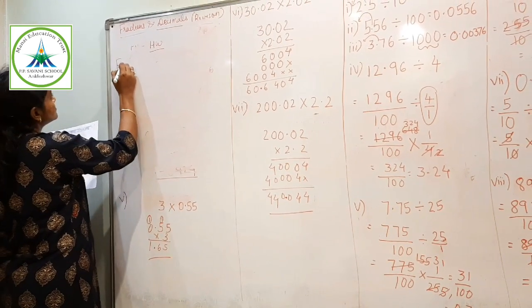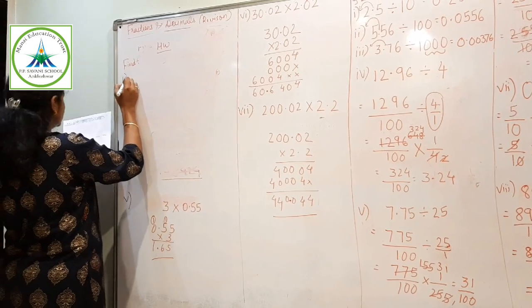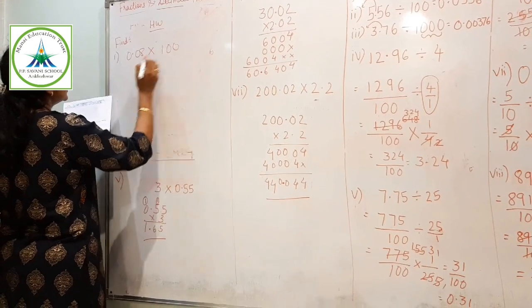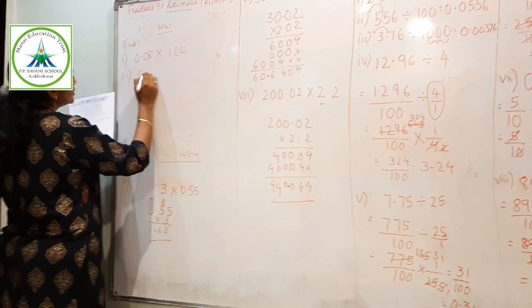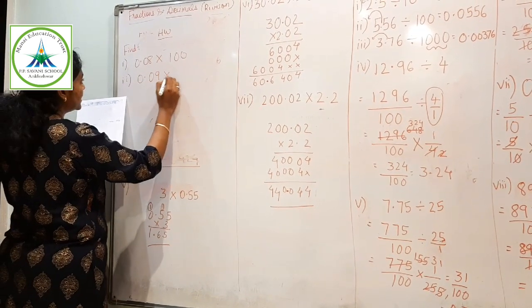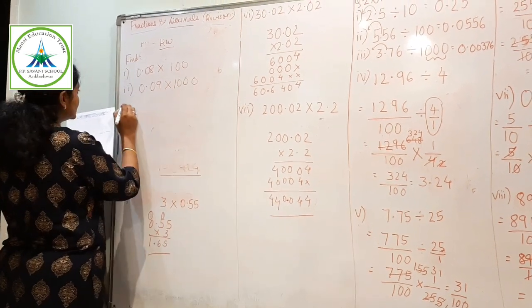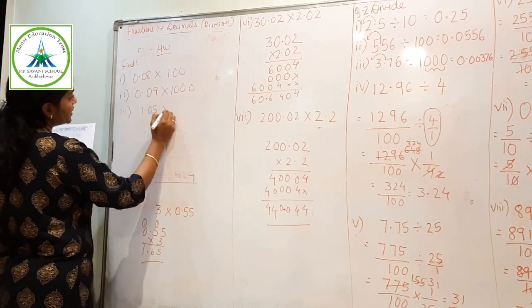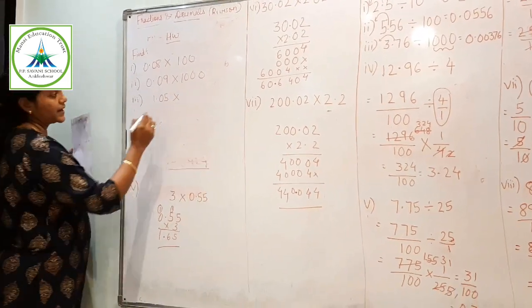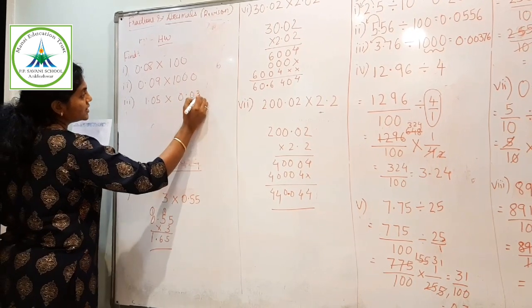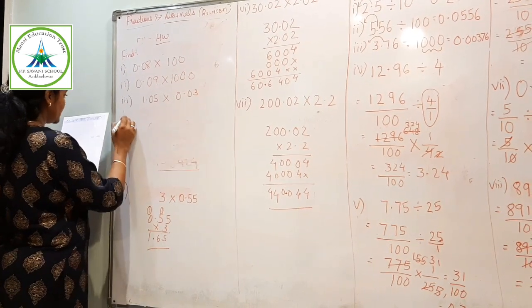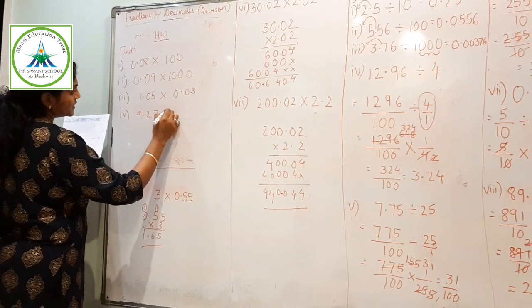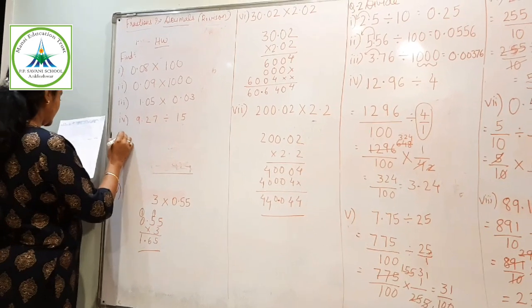So find: first, 0.08 multiplied by 100. Second, 0.09 multiplied by 1000. Third, 1.05 multiplied by 0.03. Fourth, 9.27 divided by 15.